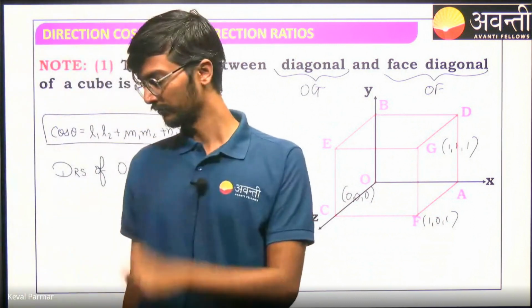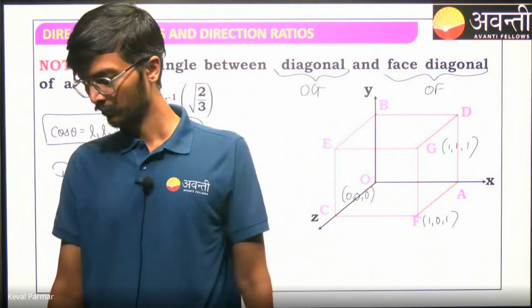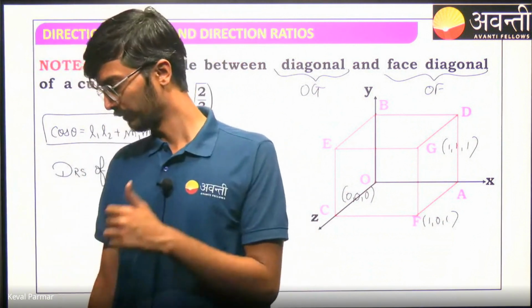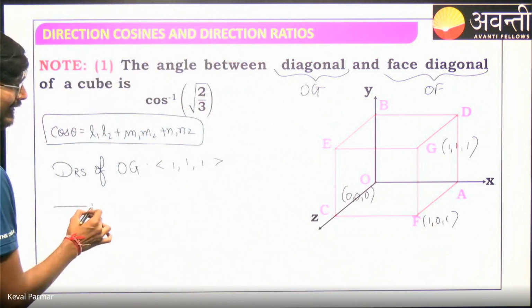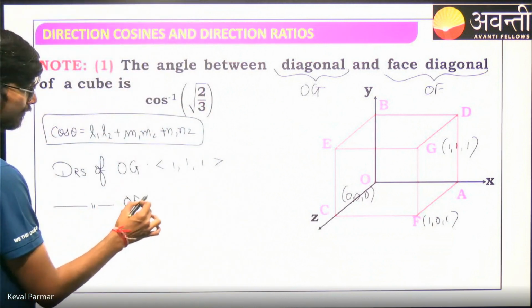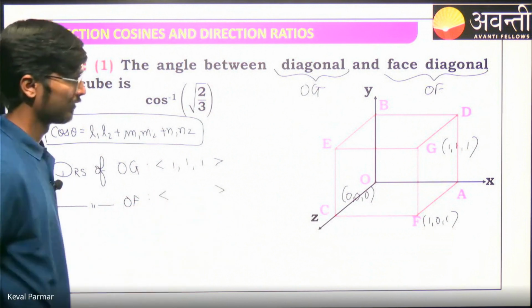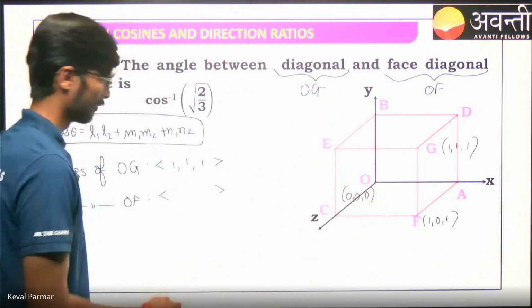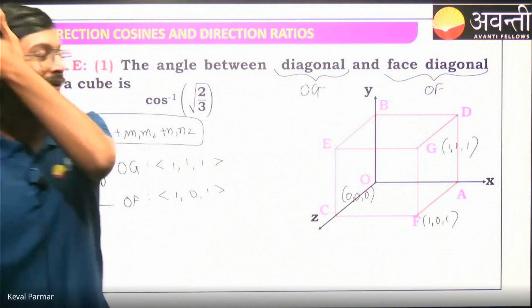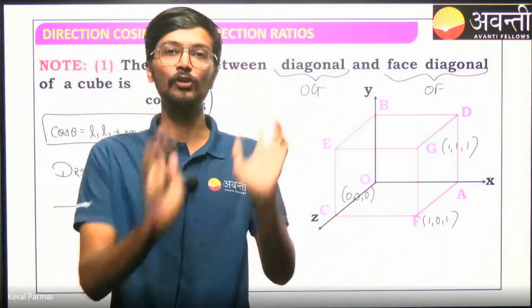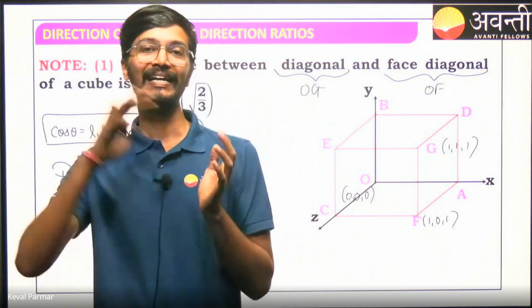This is clear? All good till here, guys? You others also can give me a thumbs up. So what will be the DRS of OF? Subtract the coordinates. 1, 0, 1.